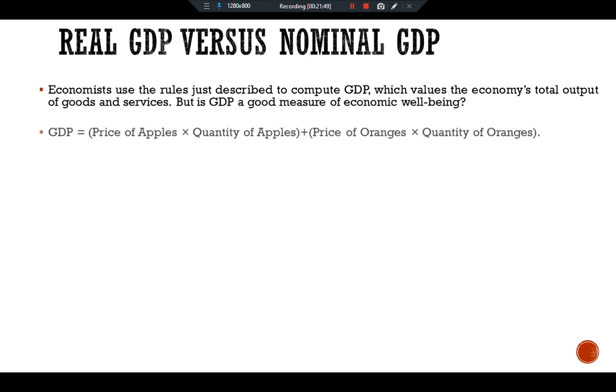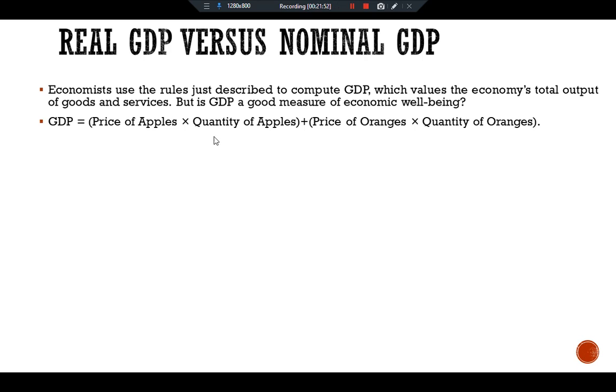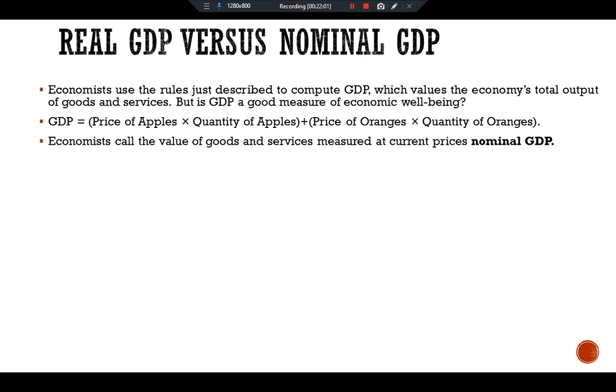That is, GDP is equal to the price of apples multiplied by the quantity of apples plus the price of oranges multiplied by the quantity of oranges. Economists call the value of goods and services measured at current prices nominal GDP. Notice that nominal GDP can increase either because prices rise or because quantities rise.